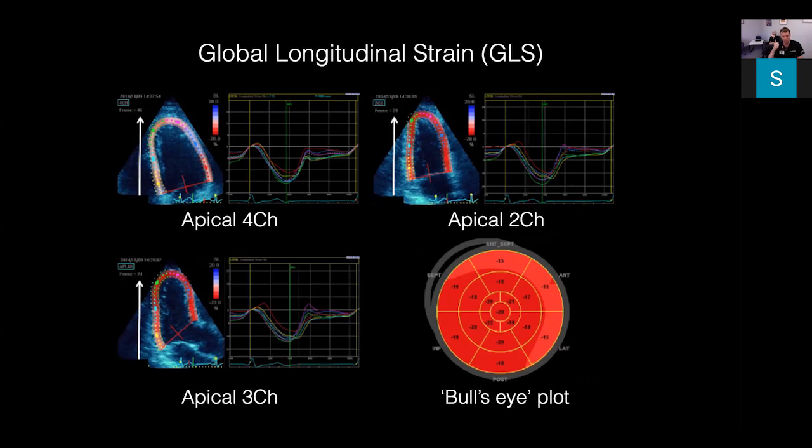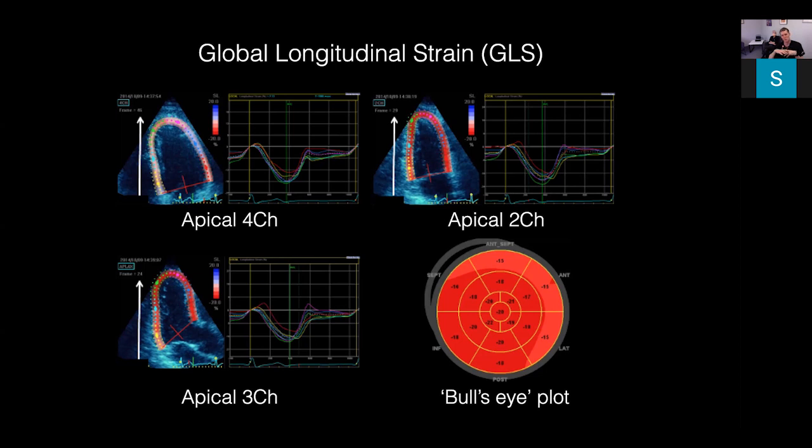So it's used for chemotherapy-induced cardiotoxicity. It's used for looking at subtle hypertensive disease. It's used to look at subtle systolic dysfunction from things like amyloid or hypertrophic cardiomyopathy or simple heart failure, right? These are the areas that have been looked at in the cardiology literature and shown to be of use.